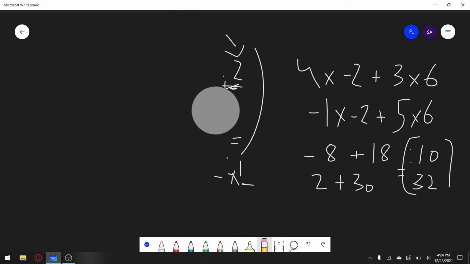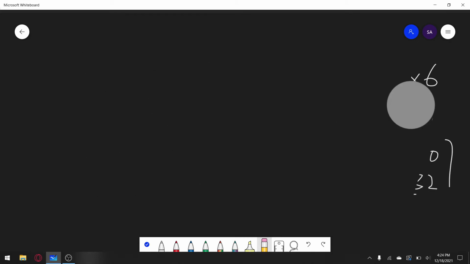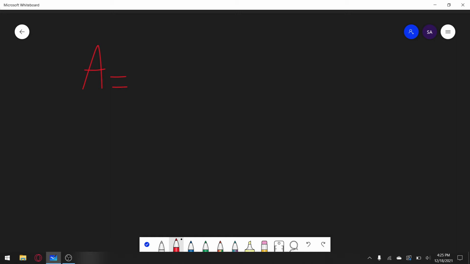Now let's move on to the final two concepts of matrices: the determinant and inverse. Let's say you have a matrix A equal to 1, 2, 4, 5, and the question says to calculate the determinant.